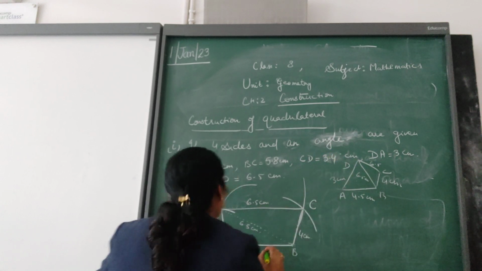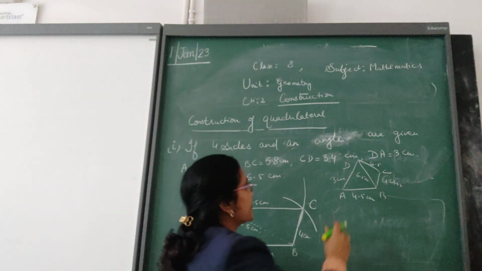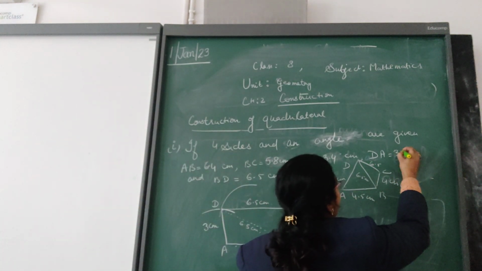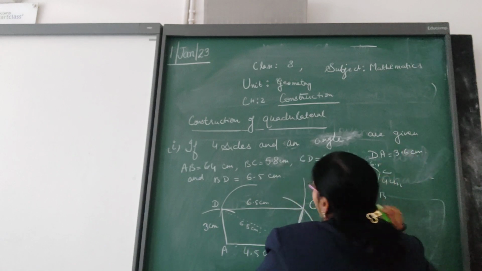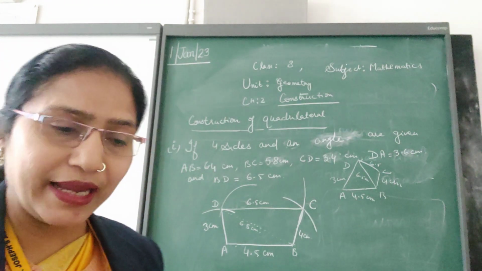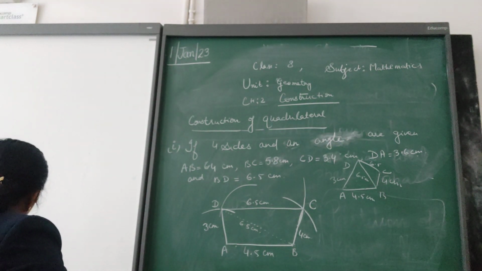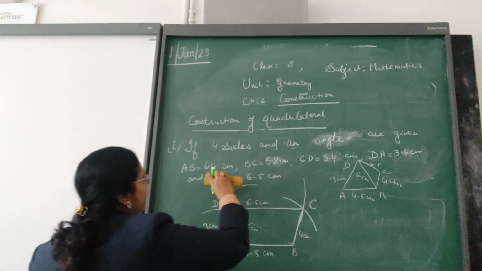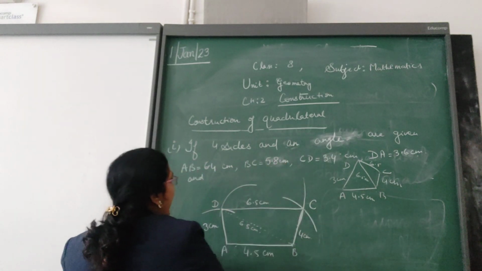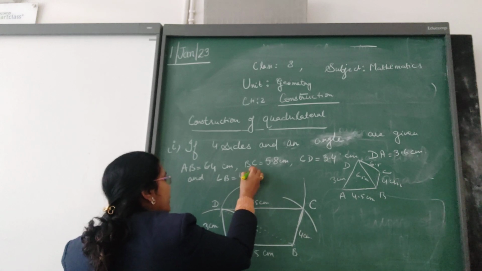And DA is 3.6 centimeter. All 4 sides are given. Now one more angle is given. Angle B is 45 degree. This is given.